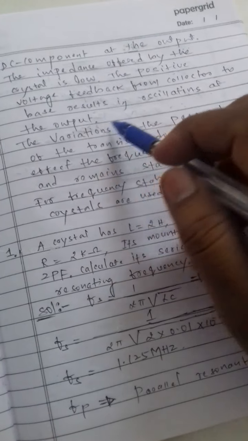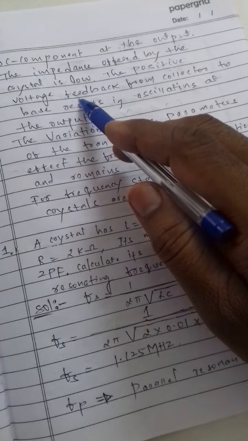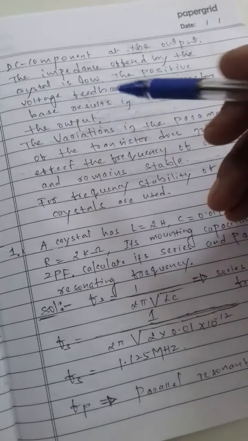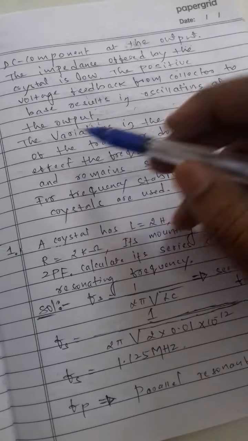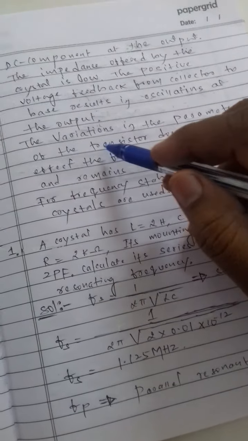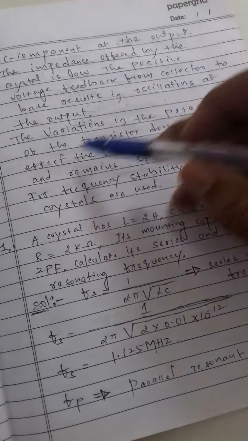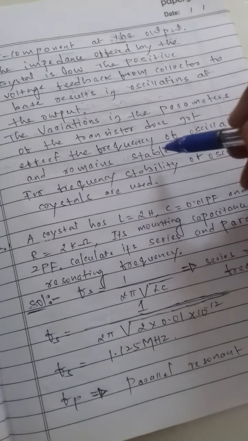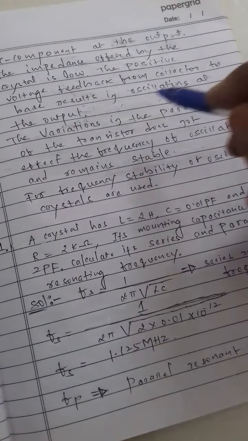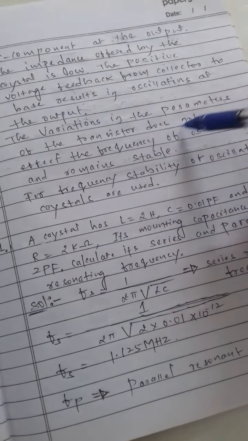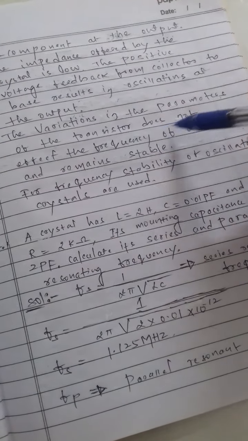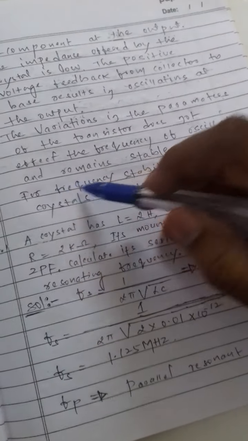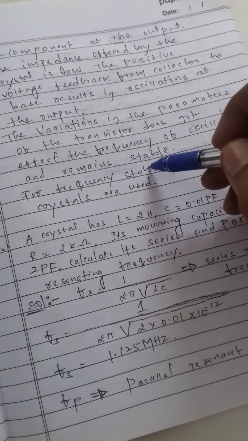Because here it is a positive voltage feedback and the impedance offered is also low, that results in oscillations at the outputs. The variations in the parameters of the transistors do not affect the frequency of oscillations, and it remains stable.